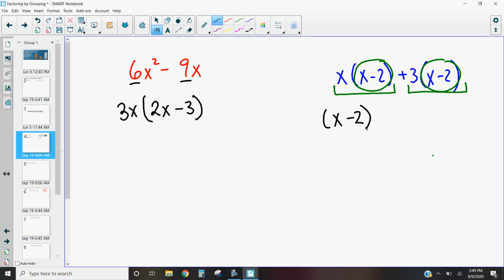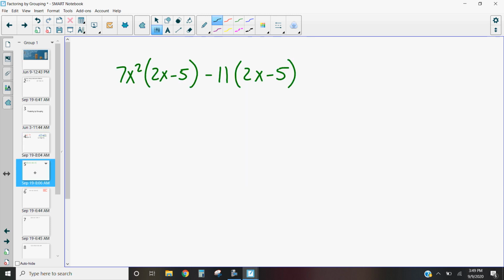What do I have left over? Well, I have an x plus 3, and that's it, right? I have an x here and a plus 3 here. And remember, I multiplied here, so I want to keep this multiplication there. So I can factor out this x minus 2 and then whatever's left over, that x and that plus 3, we combine together here.